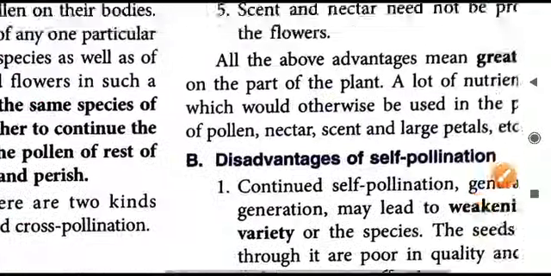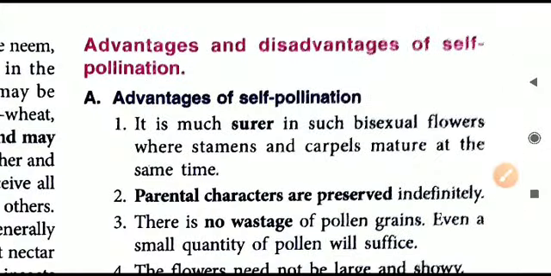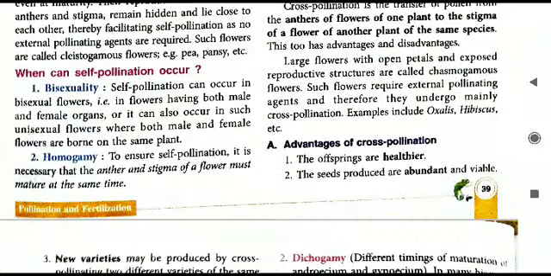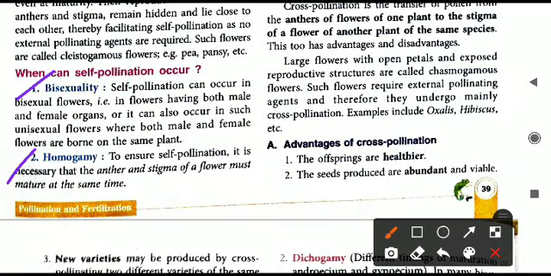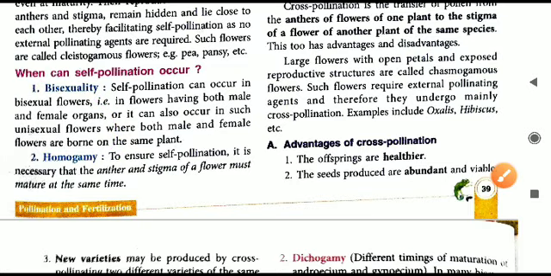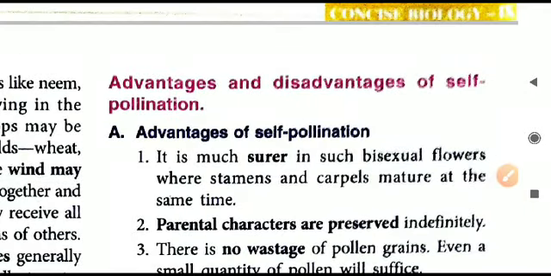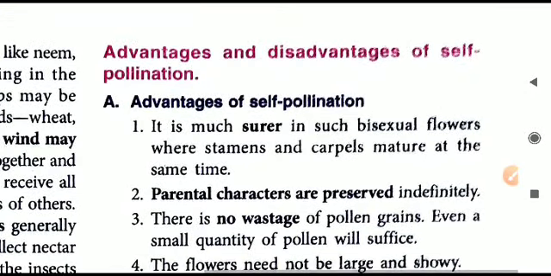Such a scenario is called homogamy. So if homogamy is there, then self pollination will take place. And second thing, if bisexuality is there, then also self pollination will take place. Homogamy is actually a sub point of this. If the flower is bisexual, then only homogamy can be there. So two conditions are responsible for self pollination.